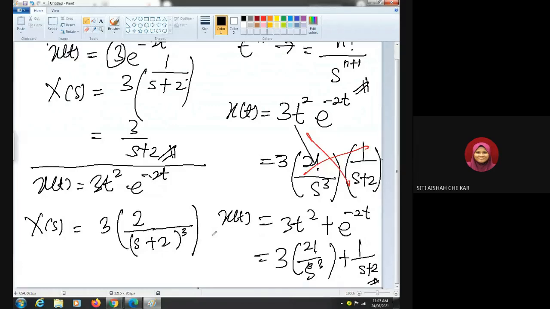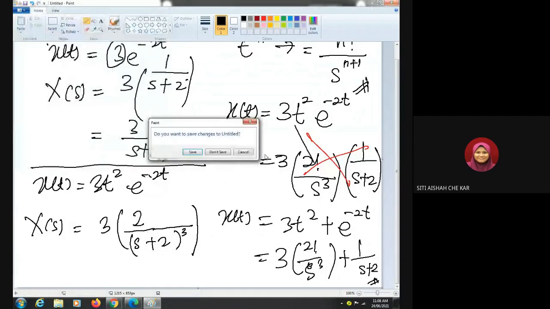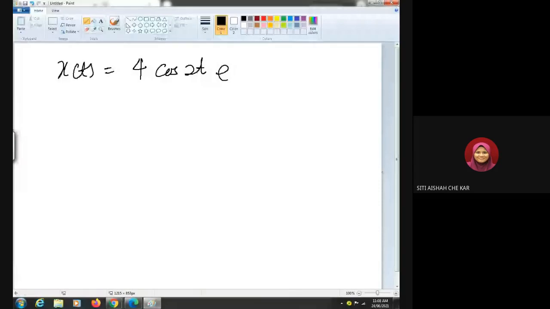Okay, saya bagi another question. You try guys the answer, okay? So what is my Laplace transform?